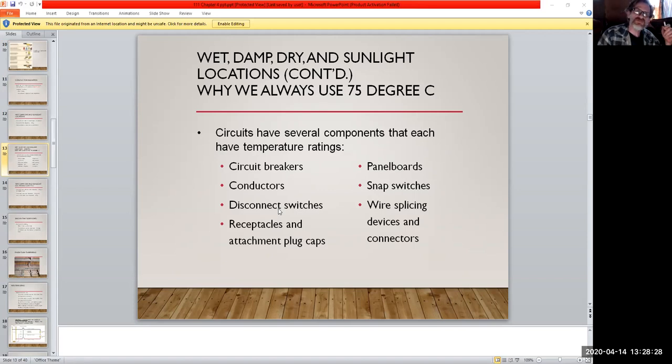Depending on the area of the United States you live in, or even around the world, you never know if you'll end up wiring in Saudi Arabia or something. They generally have it zoned out for what your typical temperatures are going to be, so you can match your wiring up to that zone. You would look, okay, I'm wiring here, what's my zone, and what am I looking at as my average temperature?